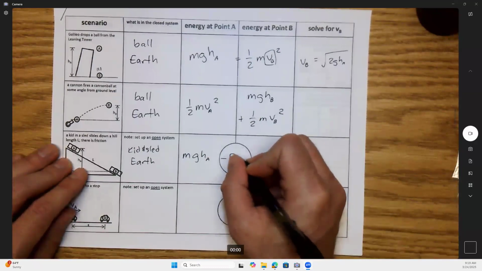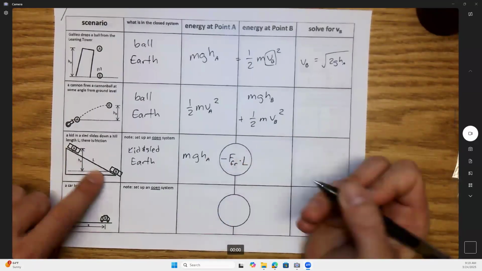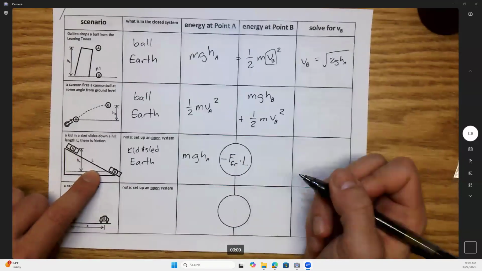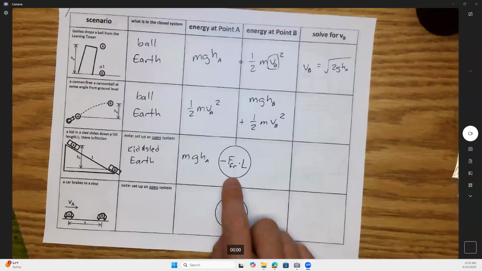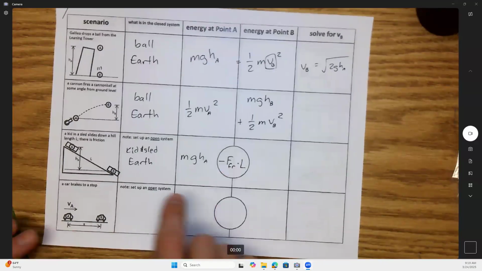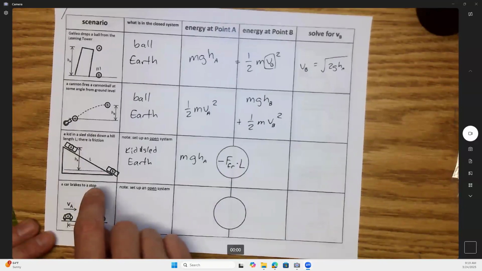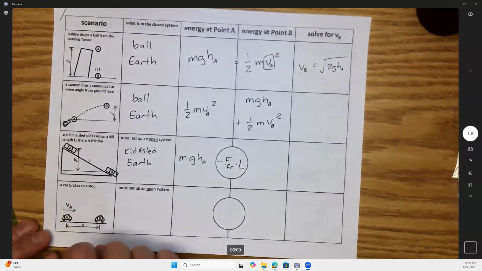So subtract off the friction force times L, the distance that it acts over. You could get more specific. What's the formula for friction force? Coefficient of friction times normal force. And the normal force on an incline is equal to mg cosine theta. You remember all that?